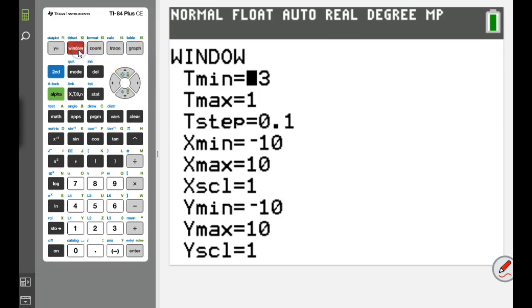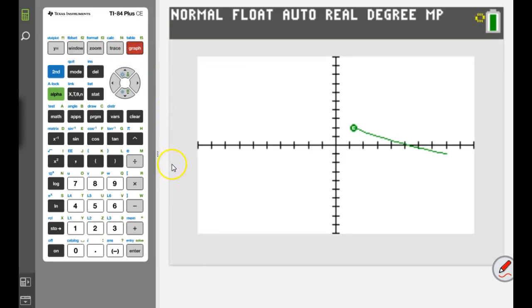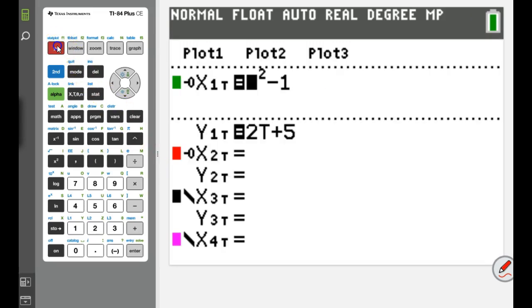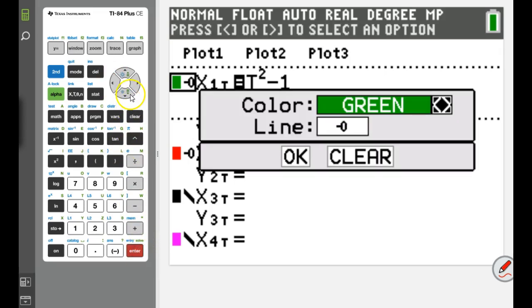Did you get the window, Maggie, or you need more time? You good? All right, guys, let's try it. Hit graph. Now, if you didn't turn on the little bouncy bubble, you can arrow back to the left here and enter. By the way, I changed this. It was originally blue. I was having fun messing around. Ooh, orange would be good. Okay.